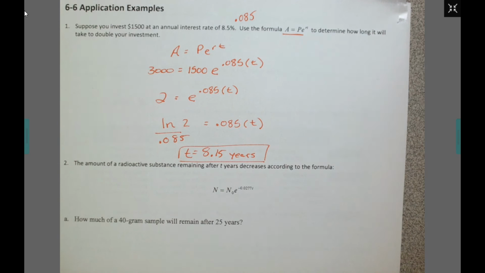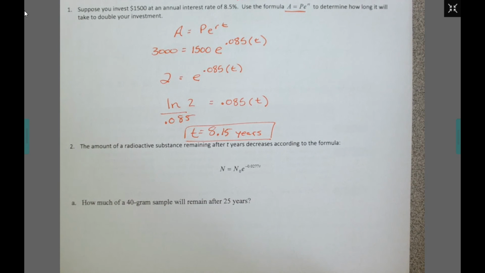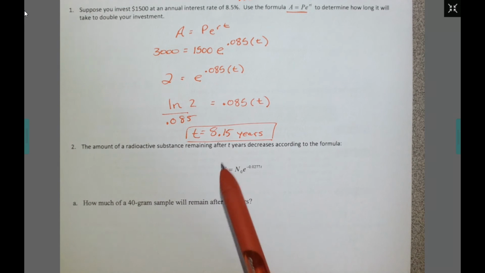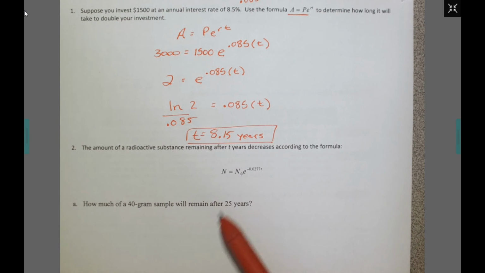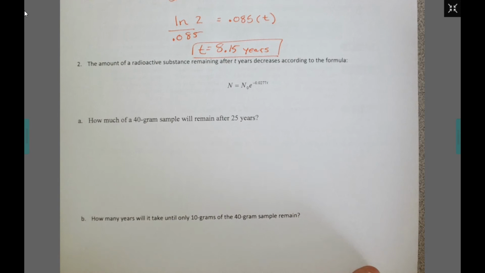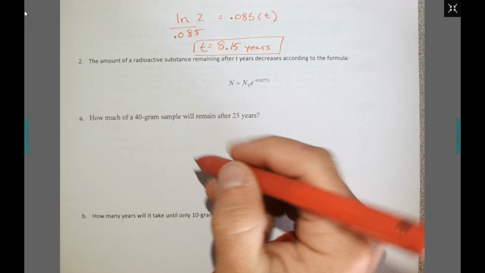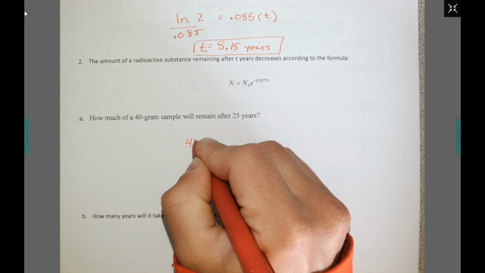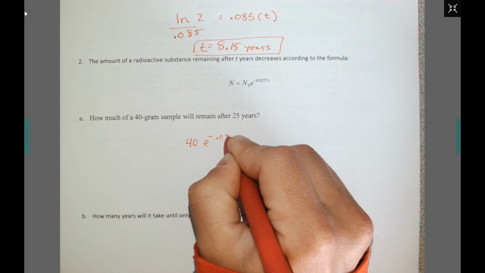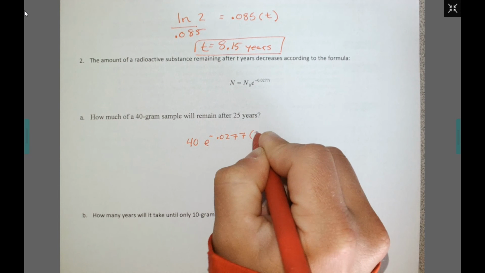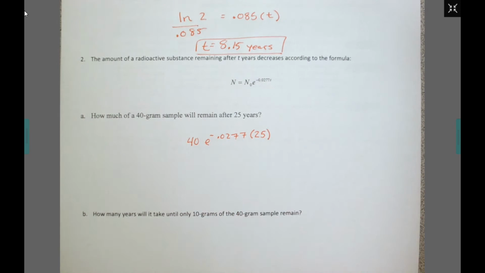For number 2, they give us a radioactive substance, and it talks about how much is remaining after a given amount of time, in this case t years. So for A, they want to know how much of a 40-gram sample will remain after 25 years. So we have an initial amount of 40. We have e to the negative 0.0277, and we are multiplying by 25.